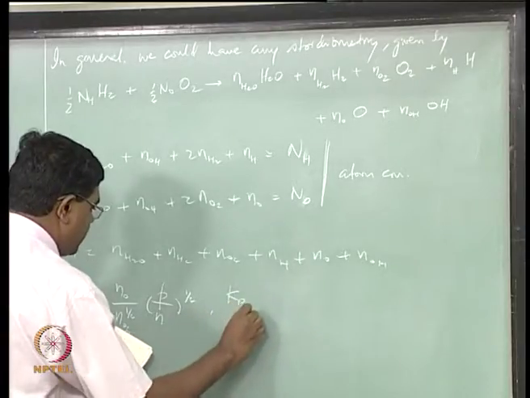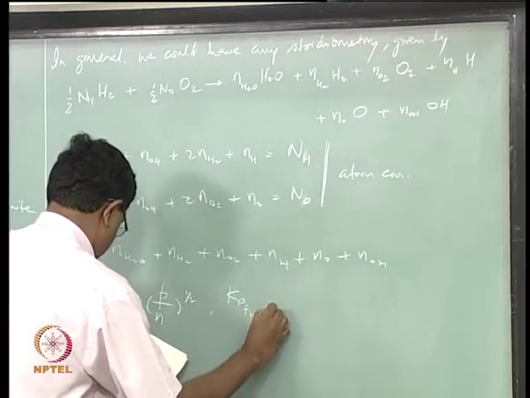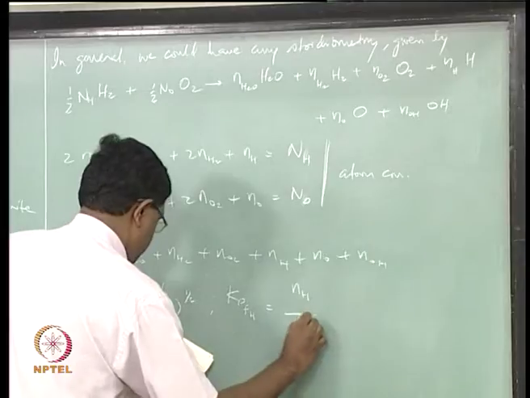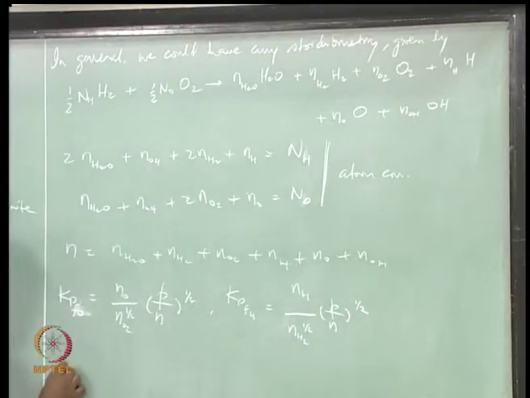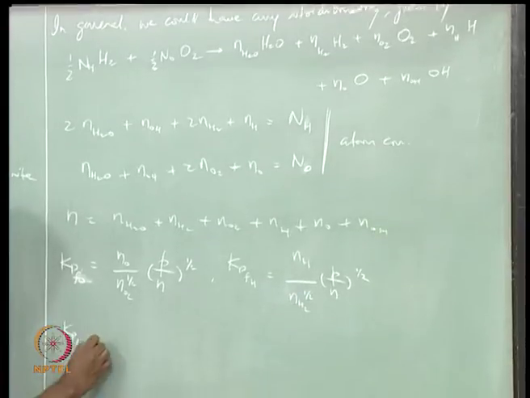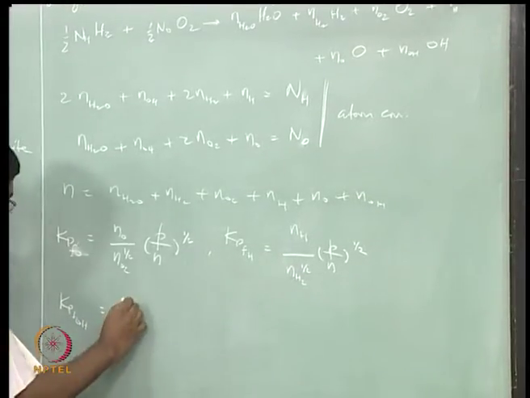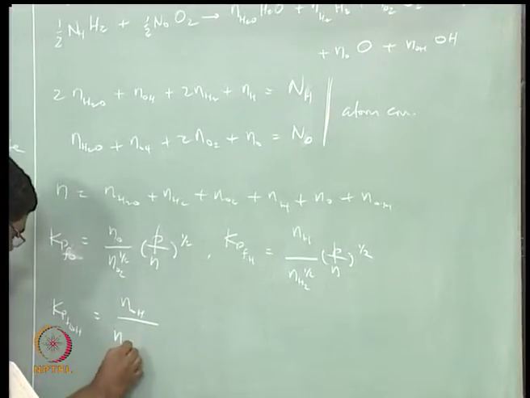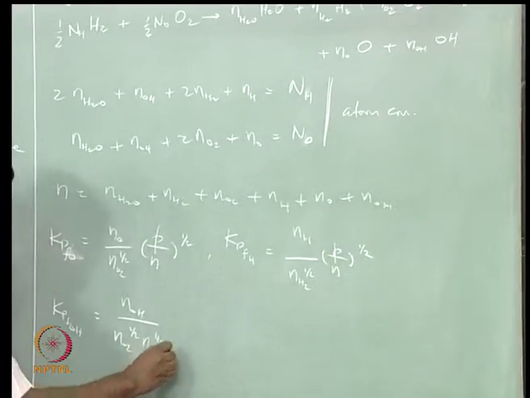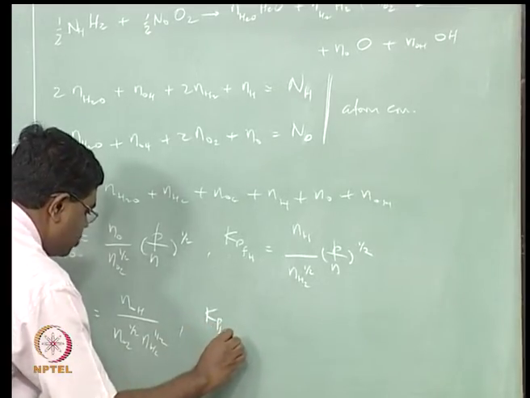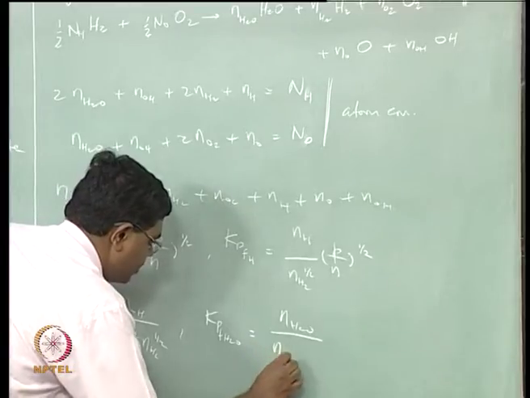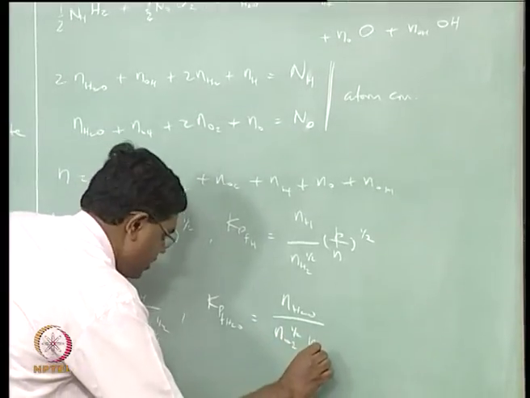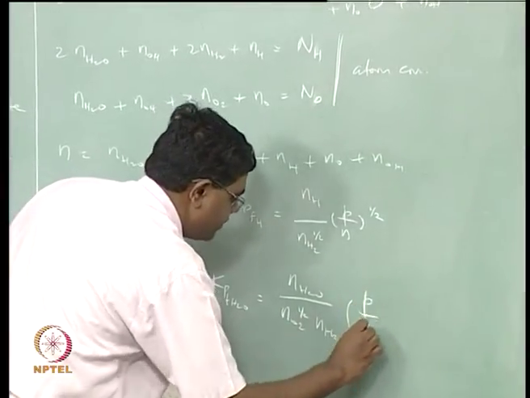This is KpFH equal to NH divided by NH2 to the half, P divided by N to the half, and KpFOH equal to NOH divided by NO2 to the half, NH2 to the half, and the P gets cancelled here, so it doesn't show up, and then KpFH2O equal to NH2O divided by NO2 to the half NH2, and here pressure shows up with a negative exponent minus half.